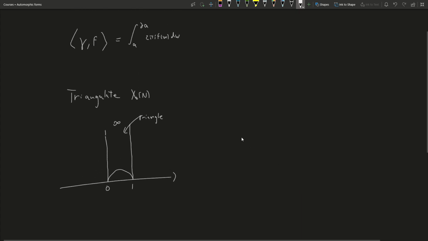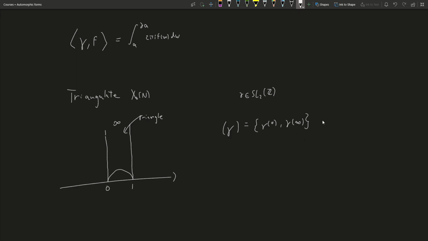So the idea is you can define for some element gamma, here gamma is actually going to be an element of SL2Z, or PSL2Z, not gamma naught N, and we're going to define this to be the path from gamma acting on 0 to gamma acting on infinity, right? The path between these 2 points.